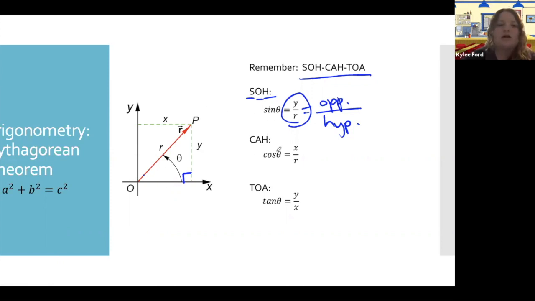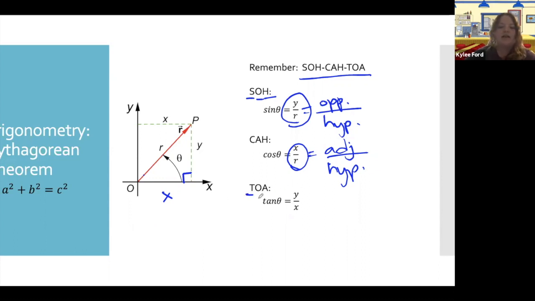What about CAH? CAH is going to be our cosine equals our adjacent over hypotenuse. Okay, and there's our example here. We have our adjacent, which is going to be this guy here, x, over our hypotenuse, r. Again, that longer side. Okay, and now we can do TOA.